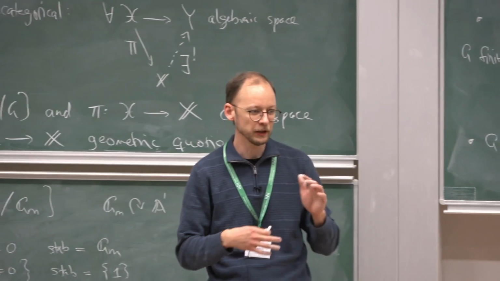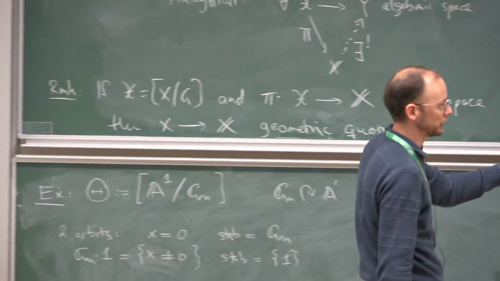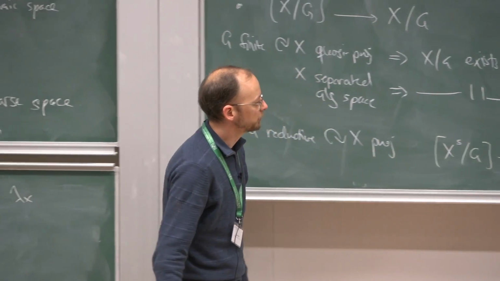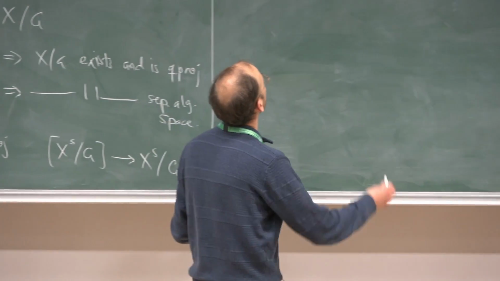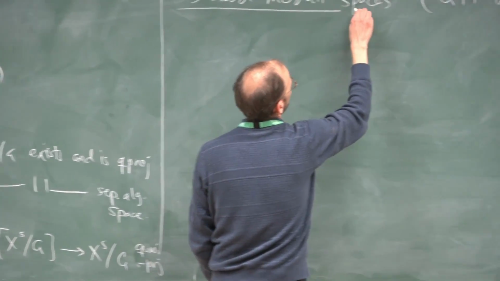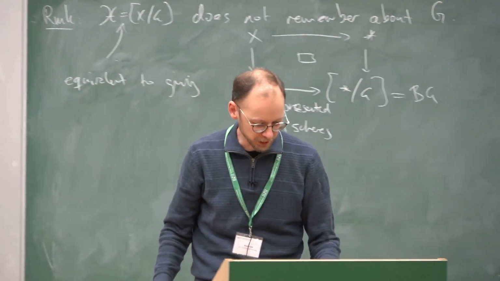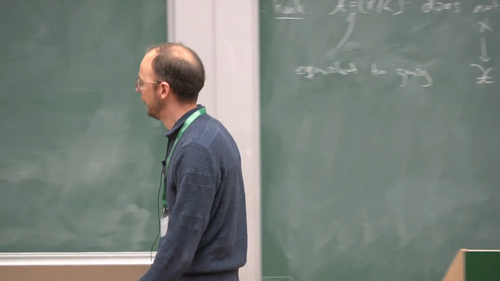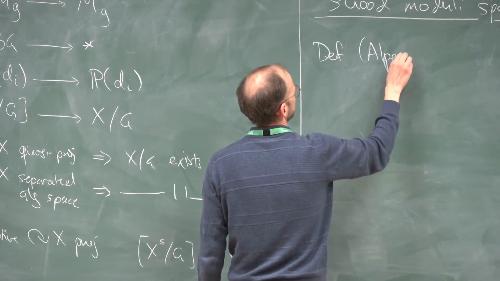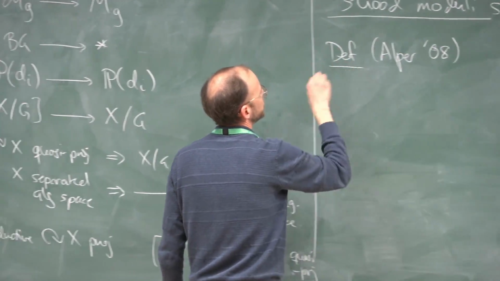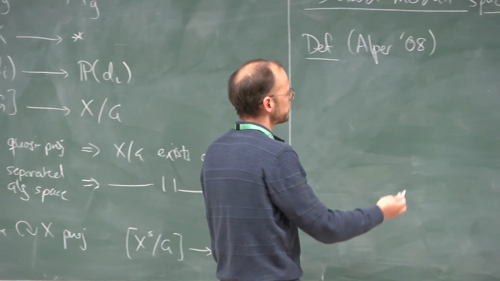If you're just interested in GIT when semi-stability equals stability, then we would also get a projective thing here. But if you're interested in GIT where semi-stability is not equal to stability, we need some more general moduli spaces. These are what's known as good moduli spaces. This was defined by Jarod Alper about 15 years ago.